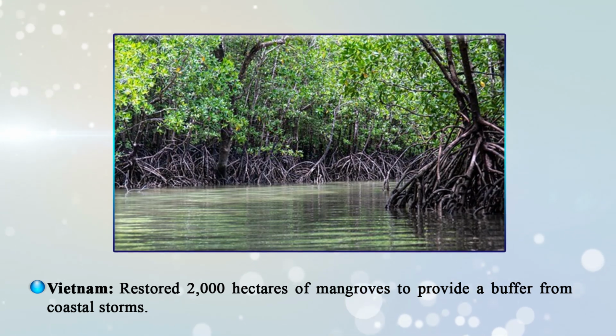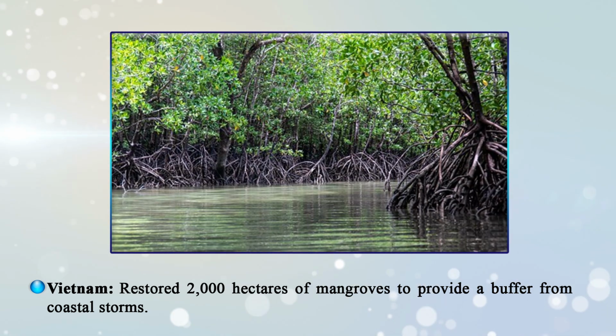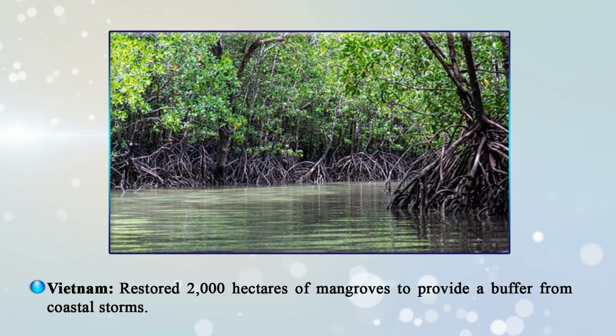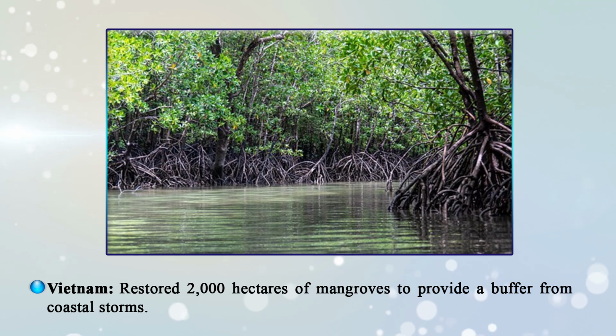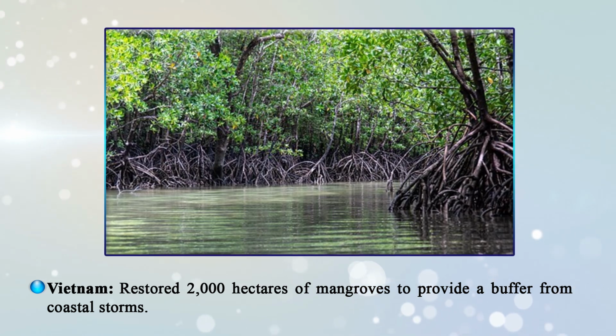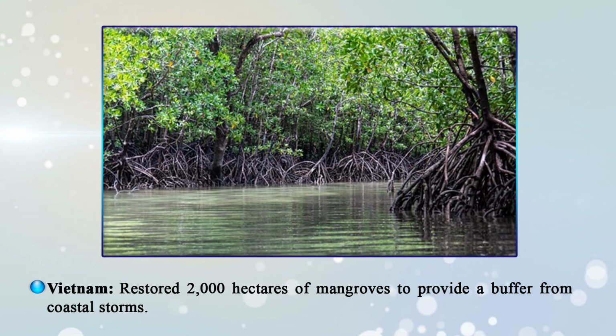These mangrove trees protect the coastal communities in the case of severe coastal storms, and you can see how strong their roots are. So they form a buffer and protect the coastal communities from further damage.